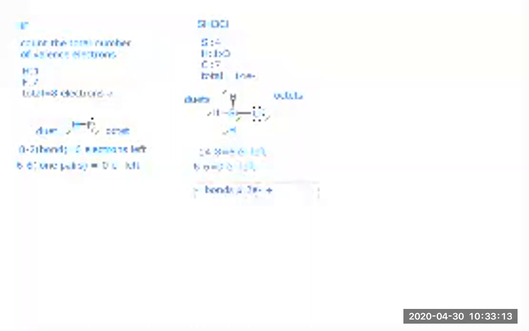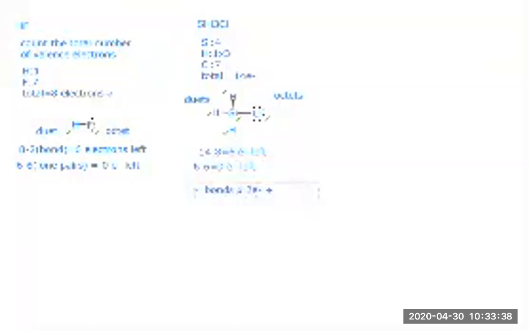So 2 times 4 is 8, plus 2 times 3 is 6, that's 14. So we have our 14 electrons in total. So we check that this is done too. Okay? So always check that.